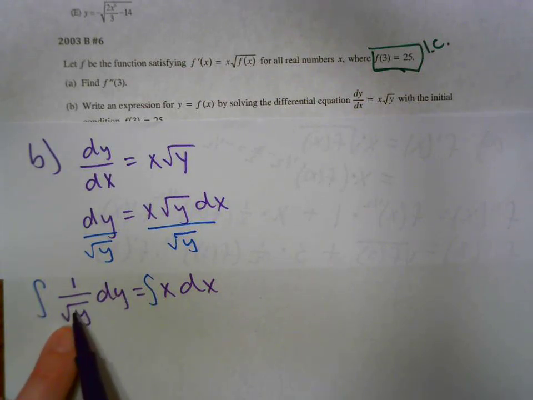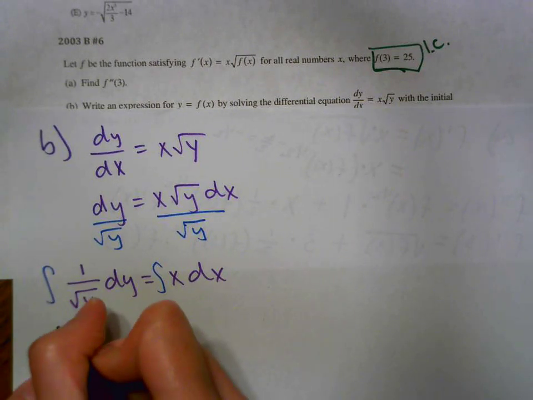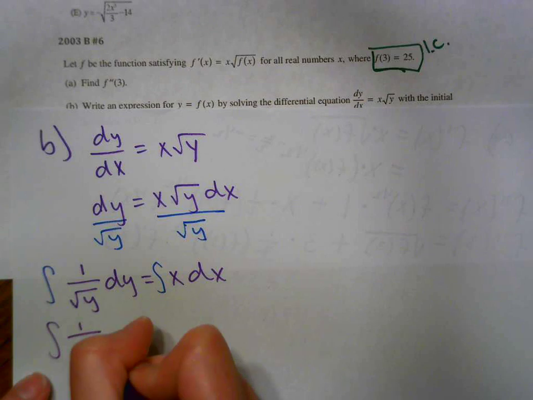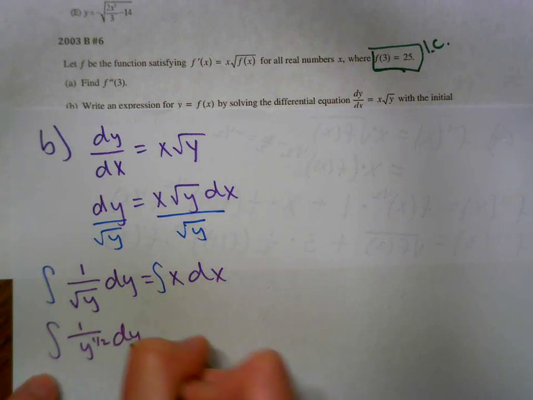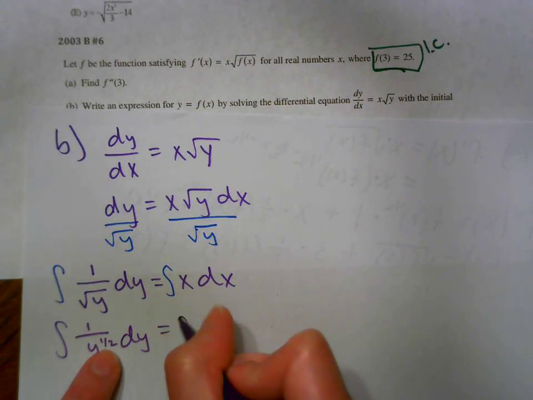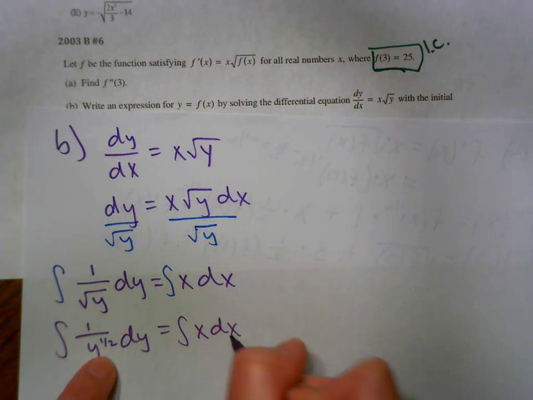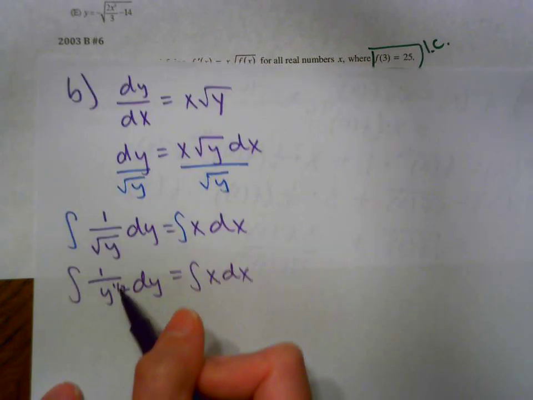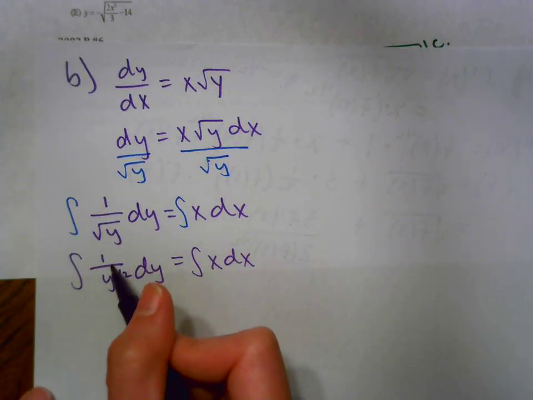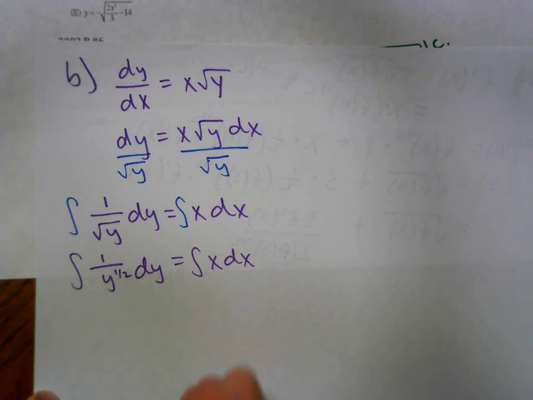That is not natural log. Why is that not natural log? Because your exponent on the bottom is not 1. What is your exponent on the bottom? 1/2. If your exponent on the bottom is anything other than 1, and especially if it's only one term, you bring it to the top and use power rule. It is not natural log.